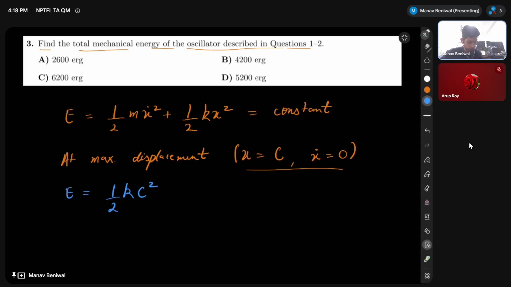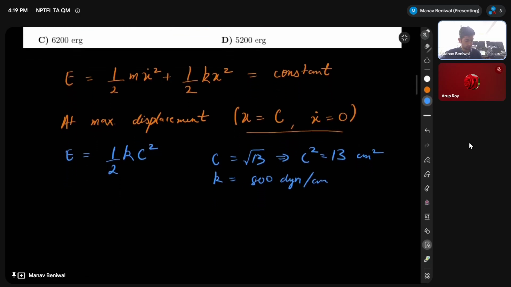So now we just computed that C is under root 13. So this implies C squared is 13. And also K was given to us as 800 dyne per centimeter. And this is also centimeter. So let's just plug in these values.